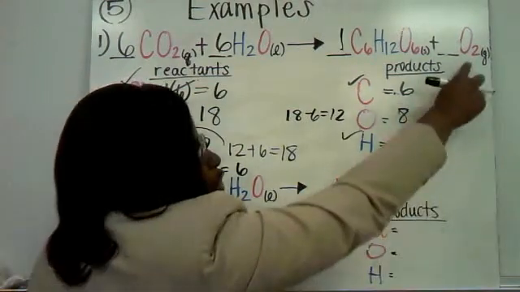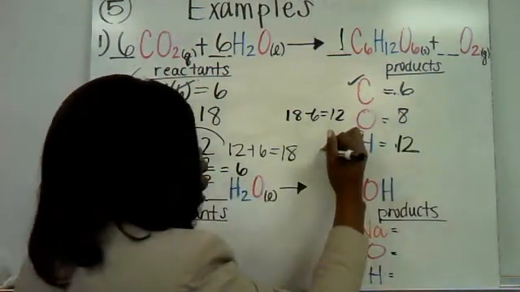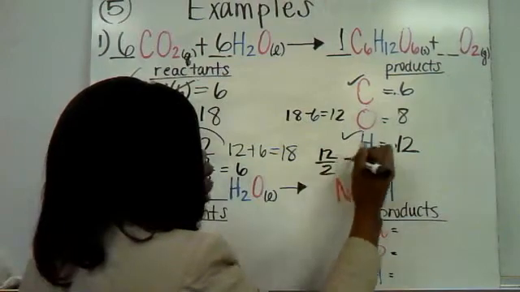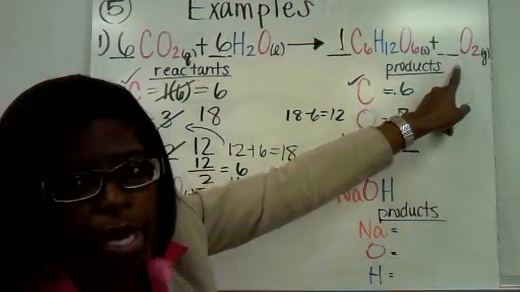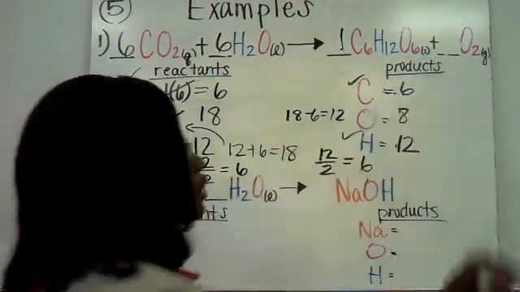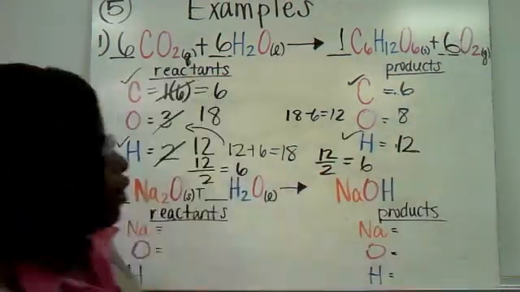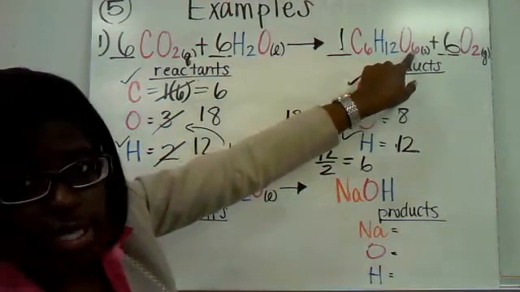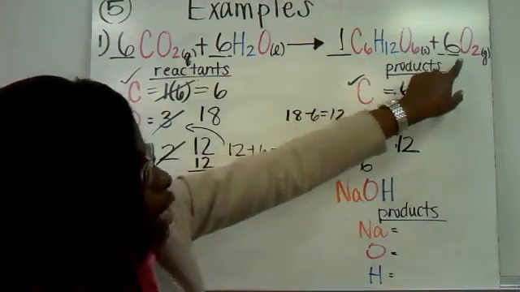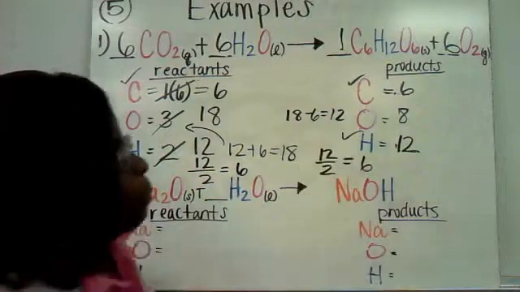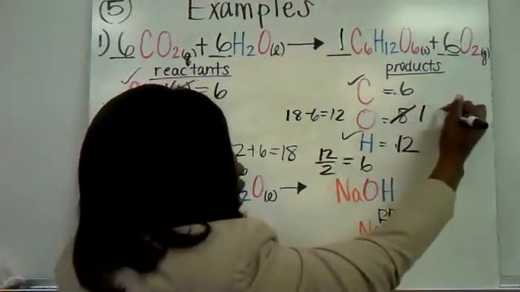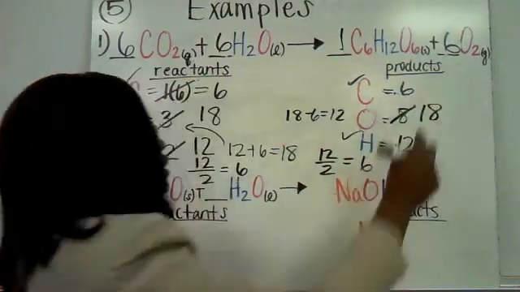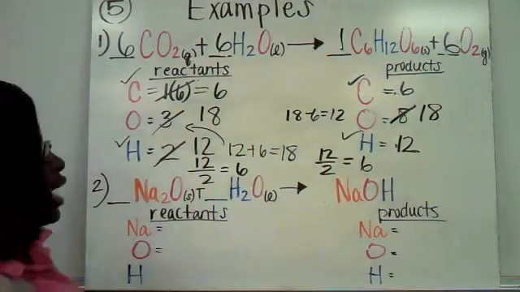So we have this 2 here. You should already remember from before, 12 divided by 2 is going to give you 6. So the coefficient that I'm going to put in here to make this whole thing balance is going to be 6. So now I have 1 times 6 is 6. 6 times 2 is 12. 12 plus 6 is going to give you your 18. So I now have 18 oxygen on the product side and 18 oxygen on the reactant side.